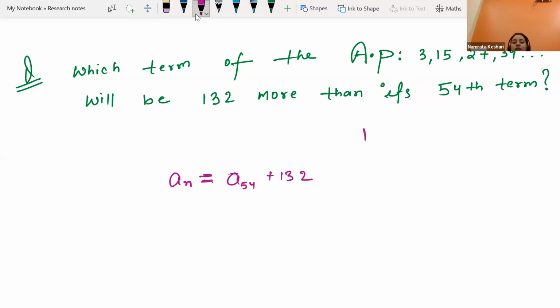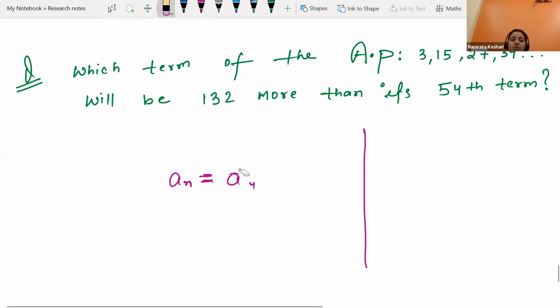Or the way I have explained to you, if I am elder than you, if my age is more than your age, maybe 10 years, maybe 20 years, maybe 5 years, whatever, that means my age minus your age is that. So here you can use the same logic.